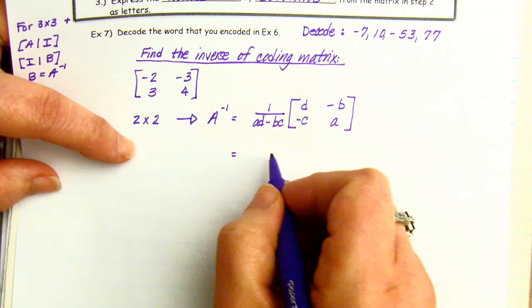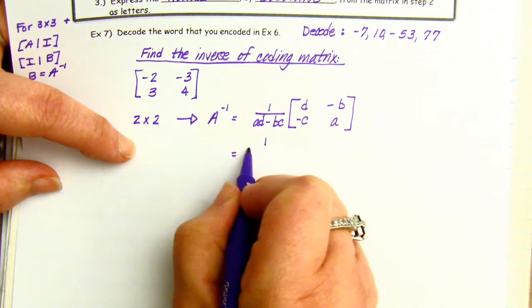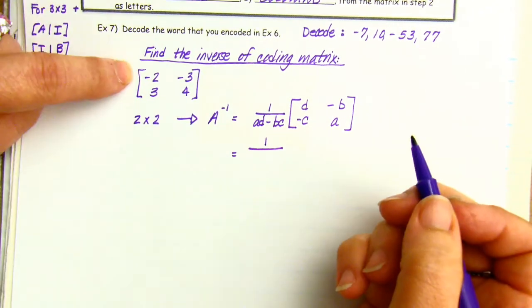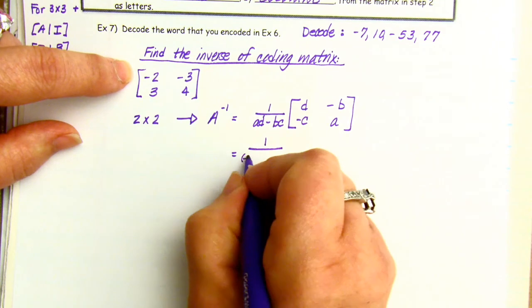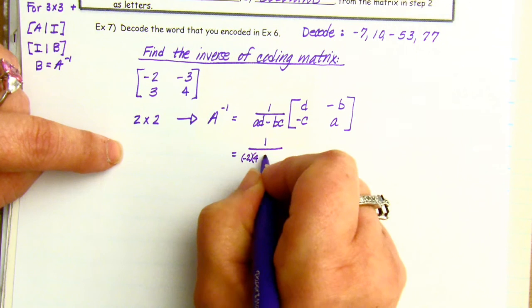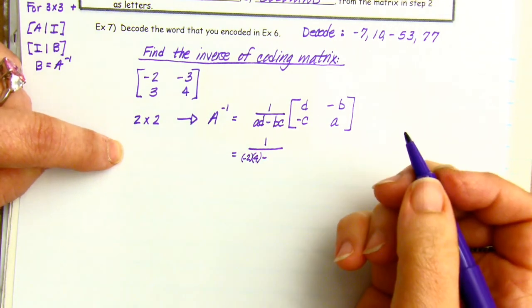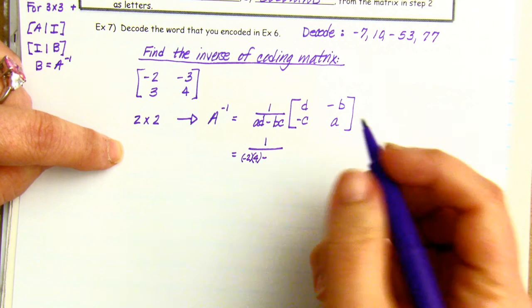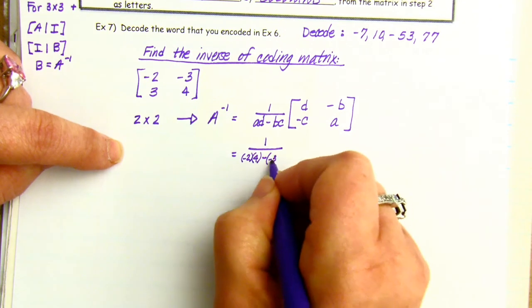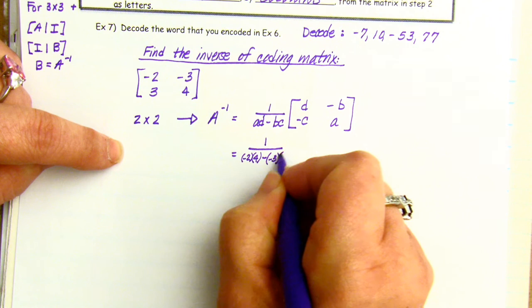Alright, now we're going to substitute into this. A is -2. D is 4. Subtract is subtract from the formula. B is -3. And C is 3.